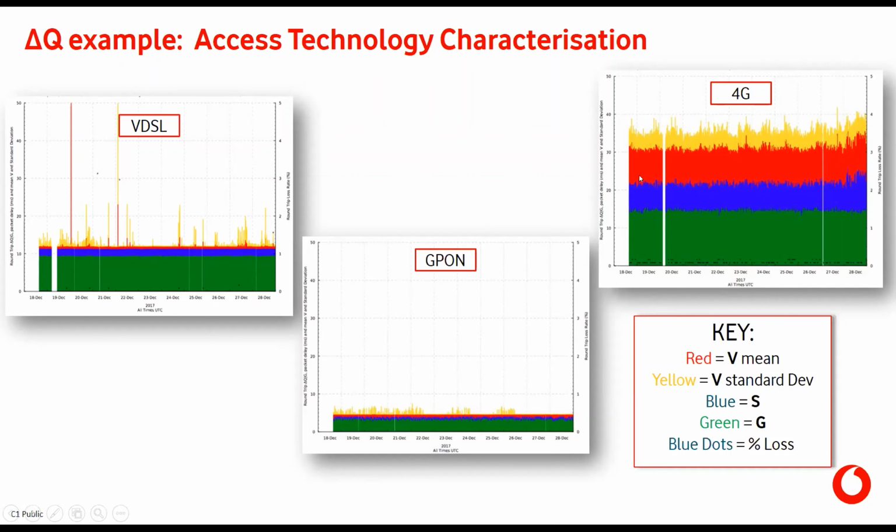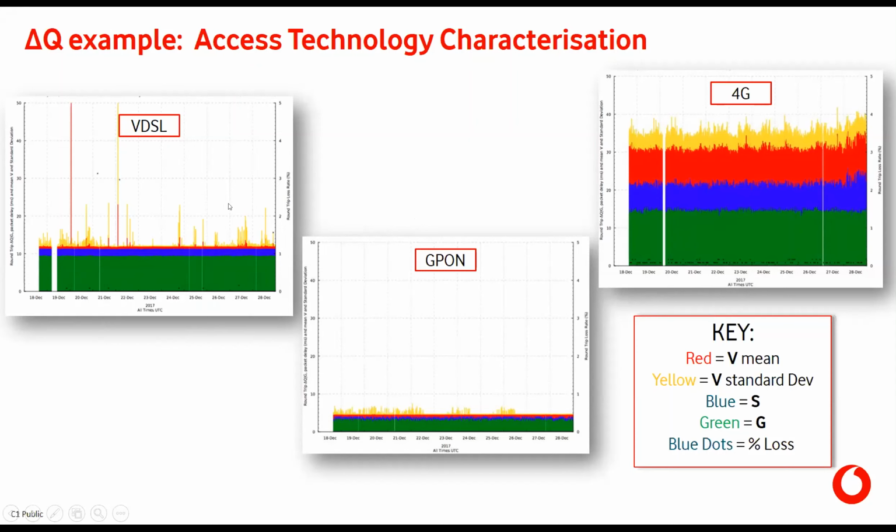The red and the yellow correspond to the variable part, the V component of that delta Q, split into a mean and a standard deviation to show how significant the V component may or may not be to the particular customer. These charts are over time, so the number of tests over time. This was taken in December 2017, so it's relatively old data, but it's important because this is where we started.